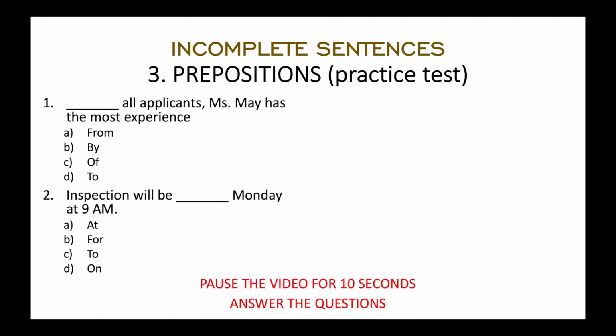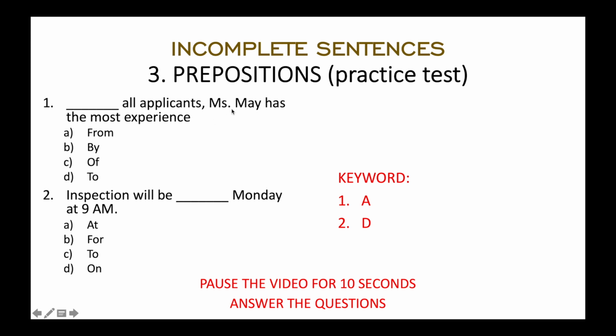Okay, try to pause the video for 10 seconds and answer the questions. Ready? So here are the results. The first one would be A or from, because it compares from one to another. All applicants, Miss May has the most experience.